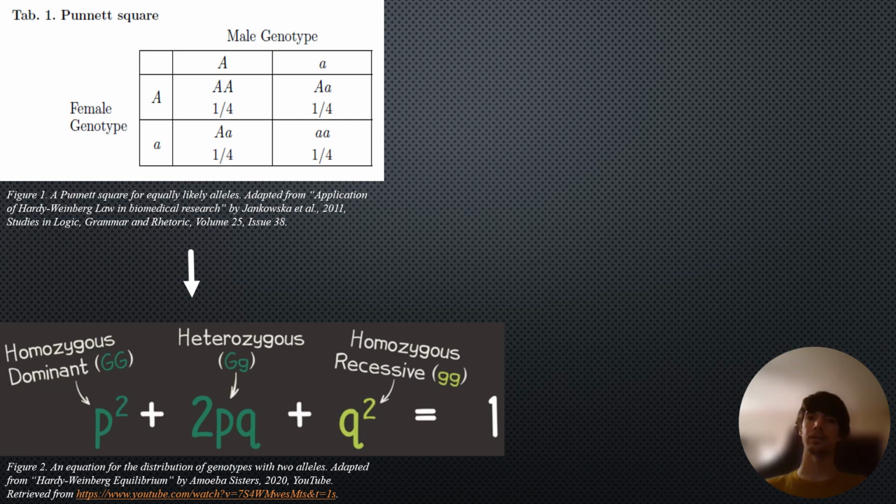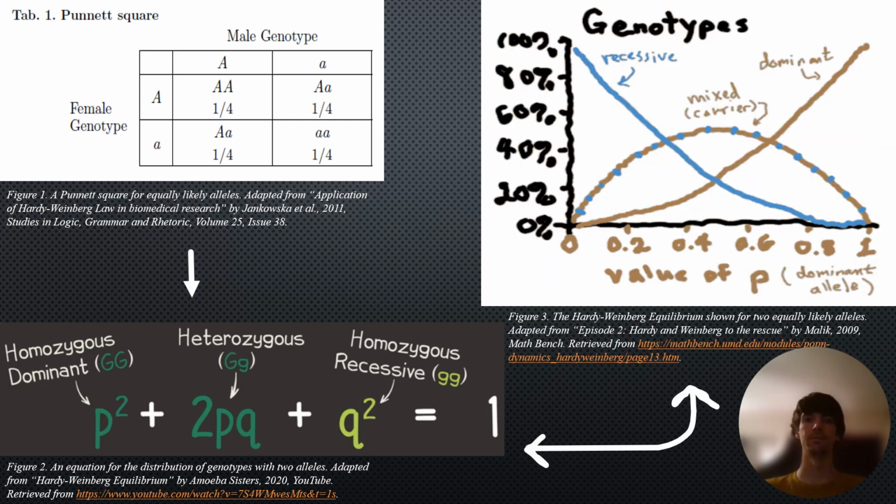You square 50% for the dominant, capital A in the square and lowercase p in the equation, and the recessive, lowercase a in the square and lowercase q in the equation, on each side to get 0.5. It's 0.25 plus 0.25 equals 0.5. Then, as shown in the middle of the equation, you multiply the dominant and recessive, then multiply that by 2 to get the other 0.5, which adds up to 1.